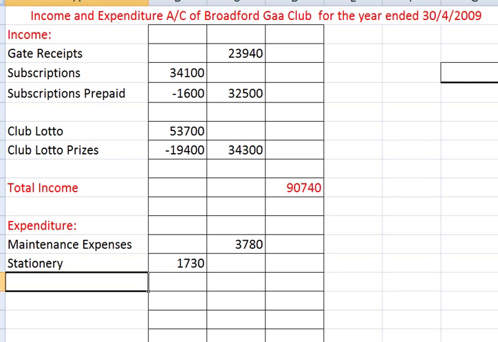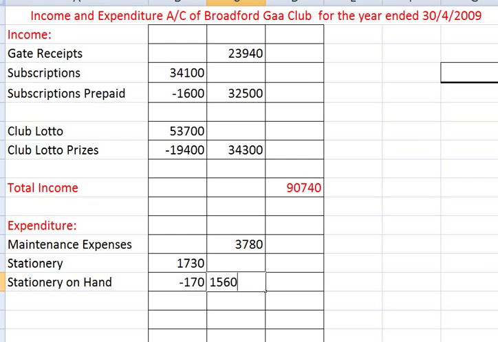Because they haven't been used this year, they don't belong in this year's expenses. So they'll carry over to next year. So it's like stationery prepaid in a sense. So we take it away. Sorry, it's called stationery on hand in the question. We take that away, and we get a net stationery figure for the year of 1,560.